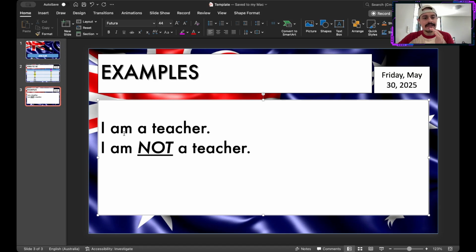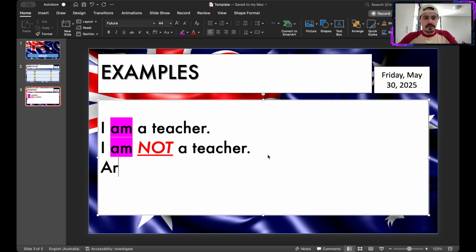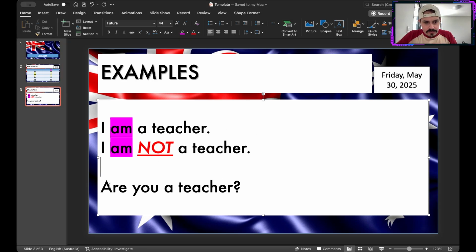As you can see, the sentence is the same, but I have not. But let's imagine that I want to ask you if you work as a teacher. It's a question. I will change: are you a teacher? Pay attention to this part, because it's extremely important that you really understand it.